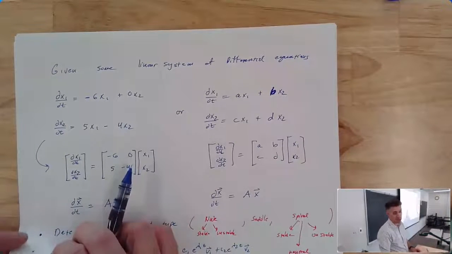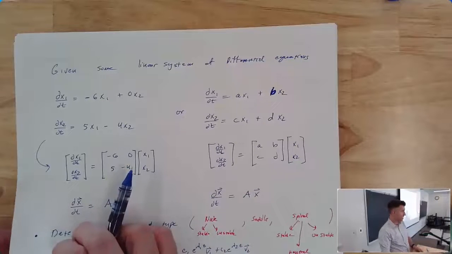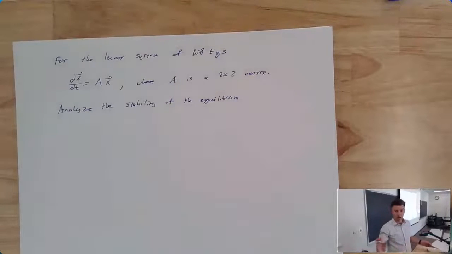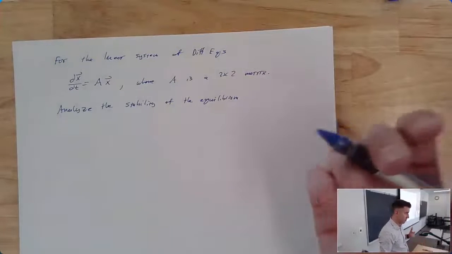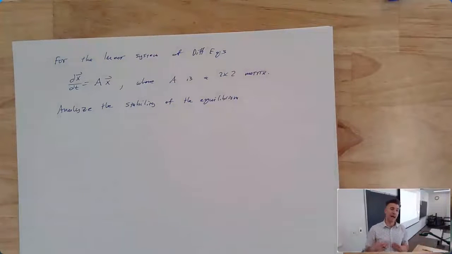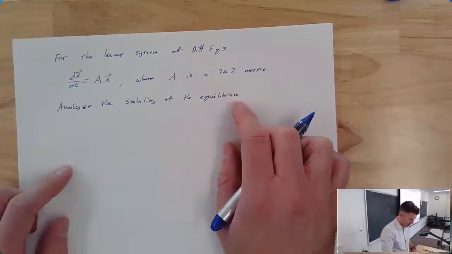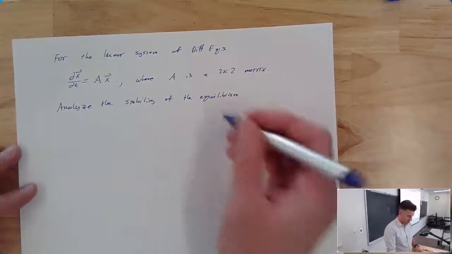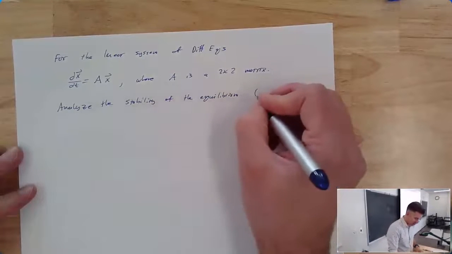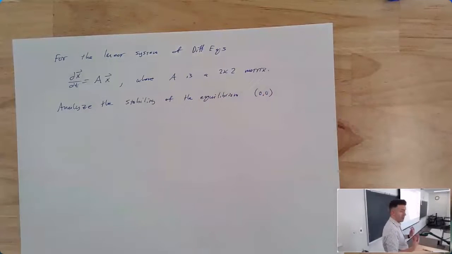So the origin is the only equilibrium for these types of systems. Later on, when we look at nonlinear systems of differential equations, we'll see some other possible equilibria. For now, we're going to analyze the stability of the origin, and it wholly depends on what our eigenvalues are.